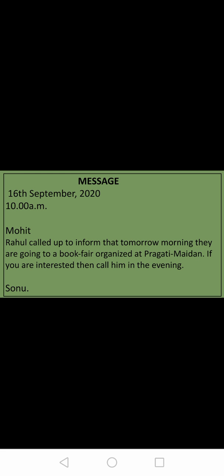You can say called up because if somebody calls you on telephone, you can write called up or rang up to inform that tomorrow morning they are going to a book fair organized at Pragati Maidan. If you are interested, then call him in the evening. This message is from morning, so call him in the evening. And then you are going to sign as Sonu, write your name Sonu and close the box. Okay, this is your message. Hope you understood. Thank you.